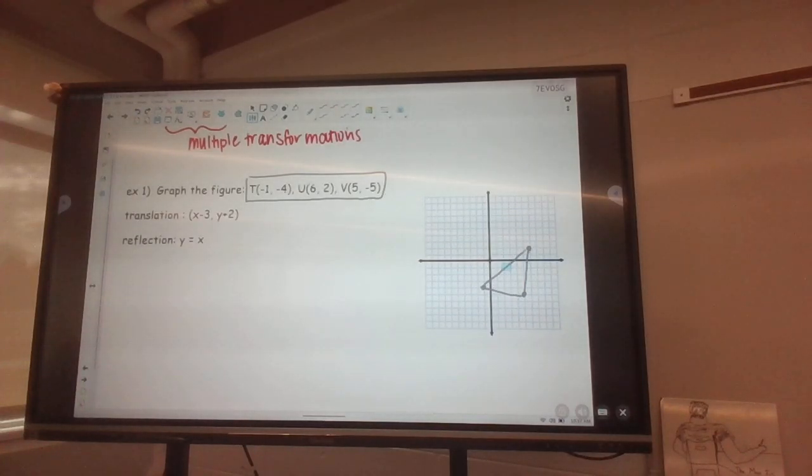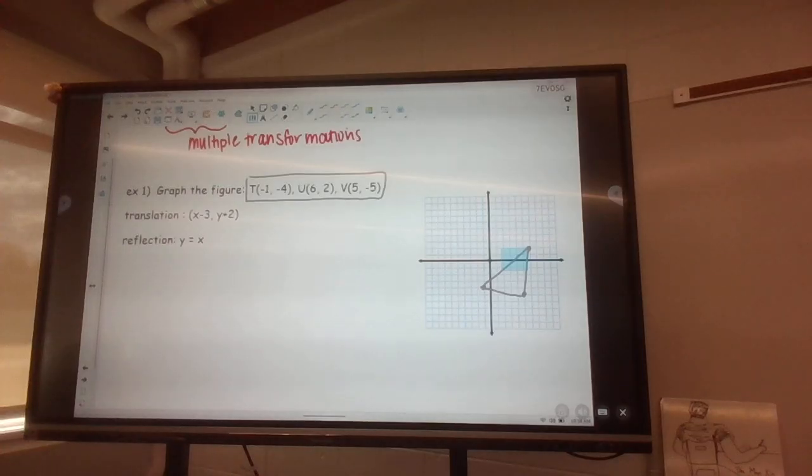And they want me to move it twice. The order does matter, I believe. I would think it matters, so we're going to stick with it mattering. We're going to move it first as a translation, and then next as a reflection. So we're going to do both movements.